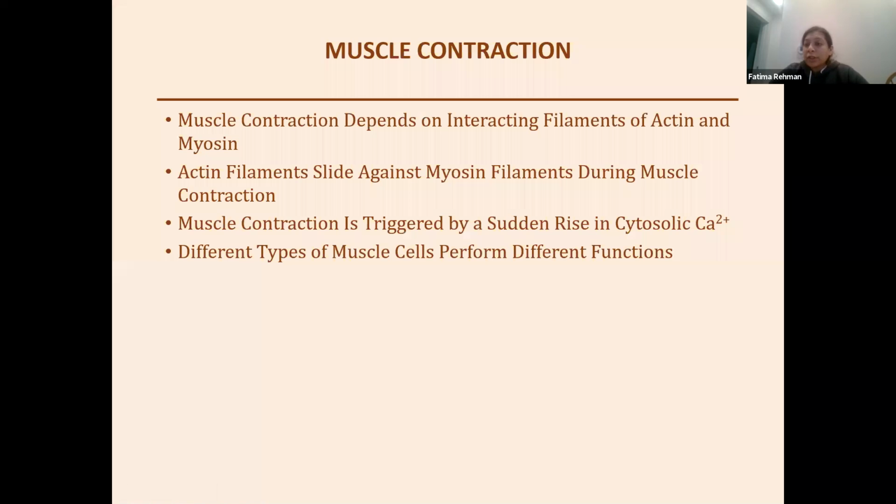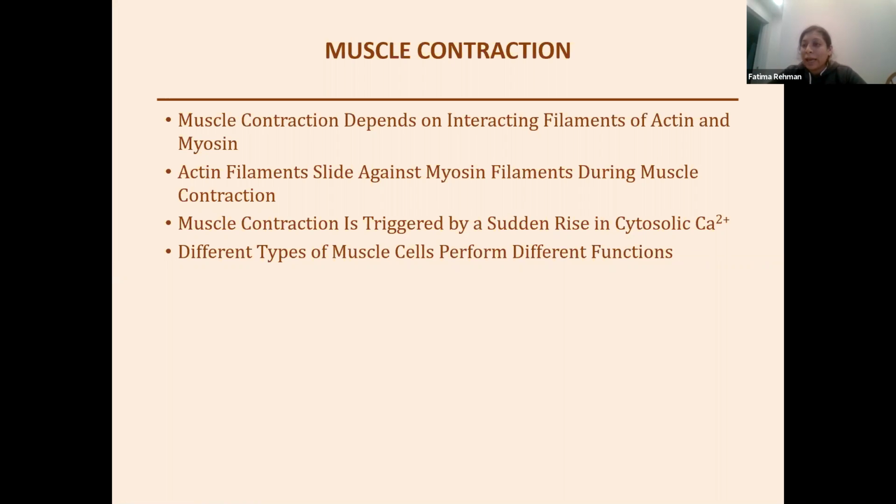So muscle contraction depends on the interacting filaments of actin and myosin. Myosin is essentially a motor protein that combines together in these long filamentous forms, a bunch of them bound together through interactions with their tails.